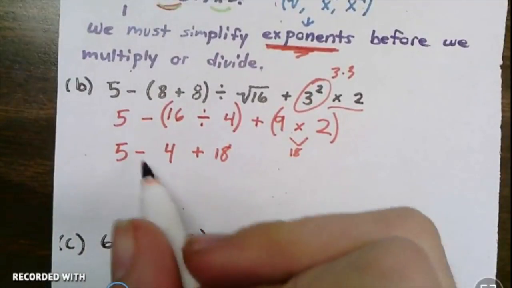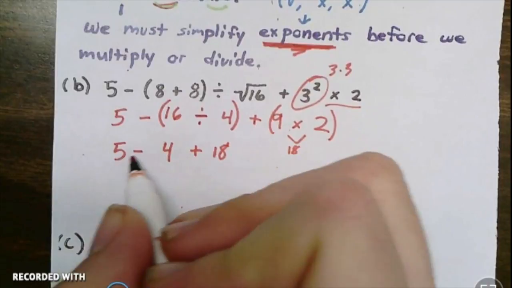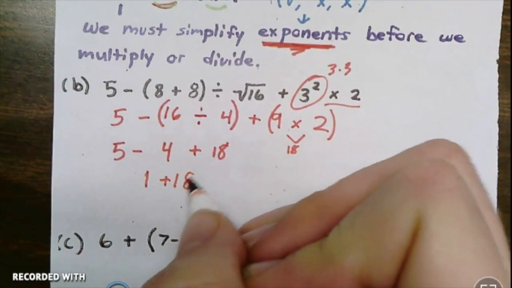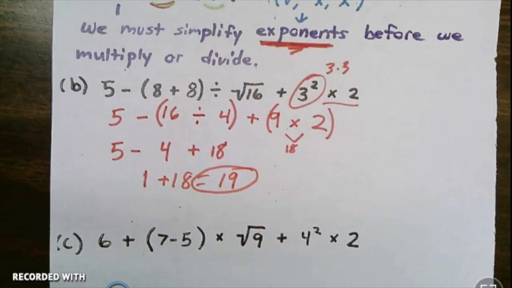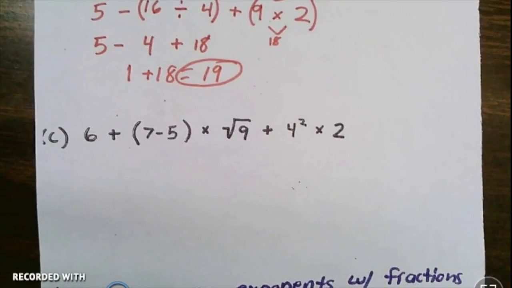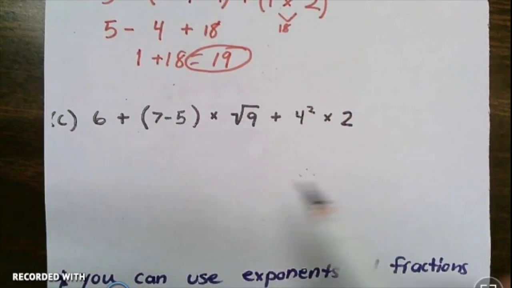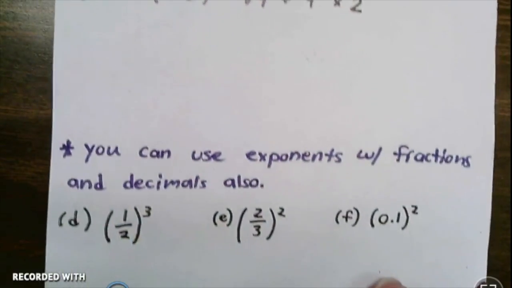And now I've got all addition and subtraction left, so I'm going to go from left to right. 5 minus 4 is 1, plus 18 equals 19. All right, I would like you to try example C on your own. Just follow PEMDAS in order. Parentheses, exponents and square roots, multiply and divide, add and subtract.